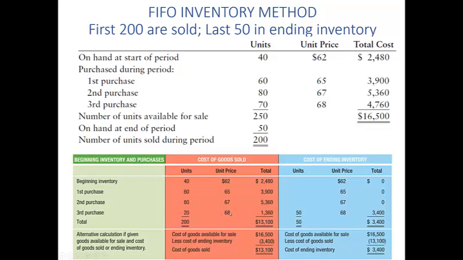So 20 at 68 is 1,360. If I add all these totals, I get 13,100. And I can check to make sure my math is accurate by adding 13,100 and 3,400 and making sure that I come up with the goods available for sale, which was 16,500.